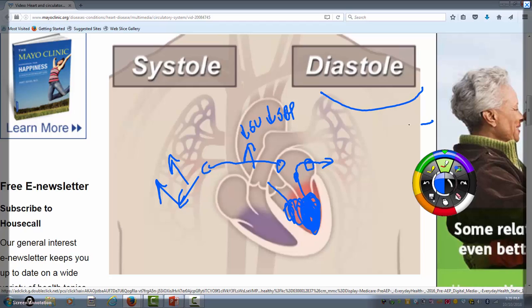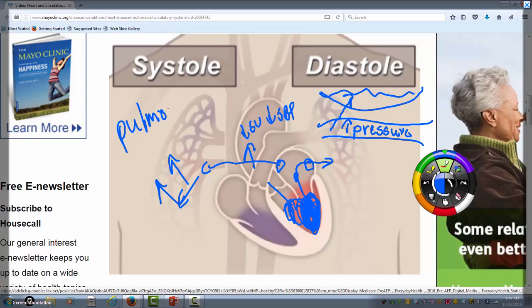So the pressure in the capillary, which is normally very low, begins to increase. When that pressure increases in the capillaries of the lungs, it will force fluid from the capillary into the alveoli, and you get pulmonary edema.